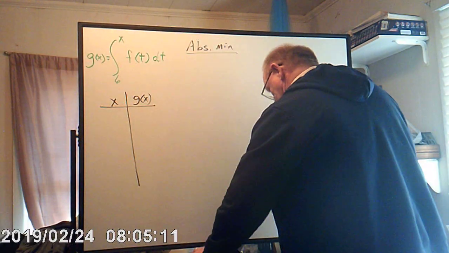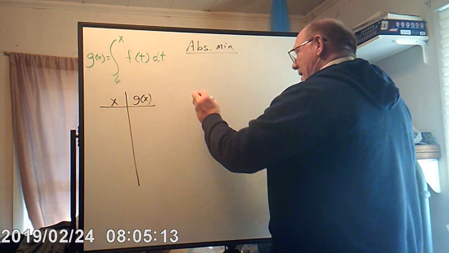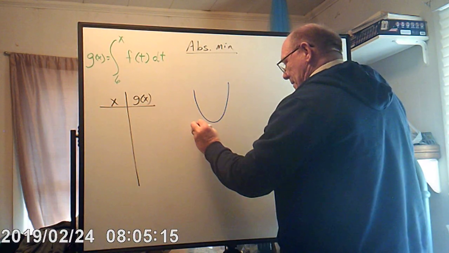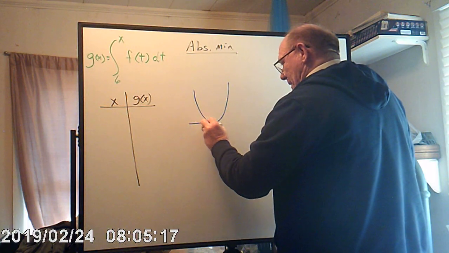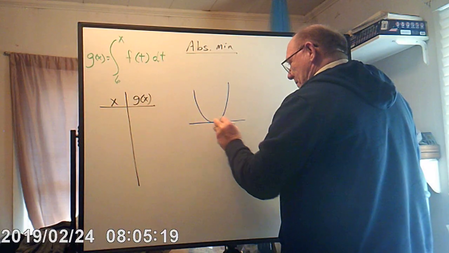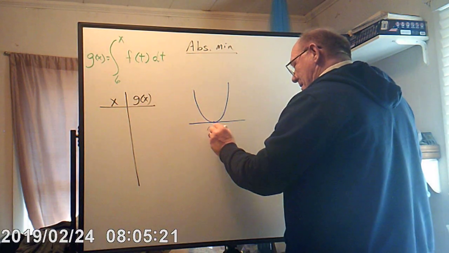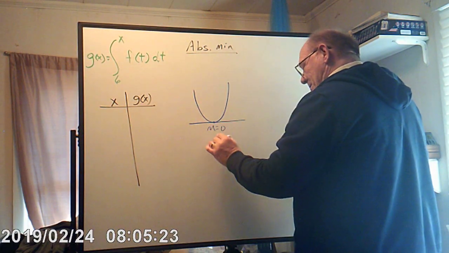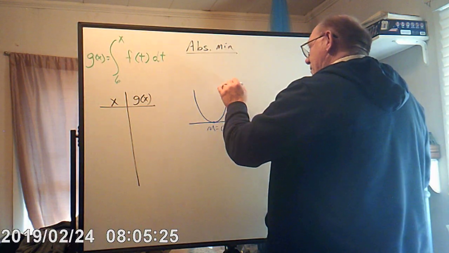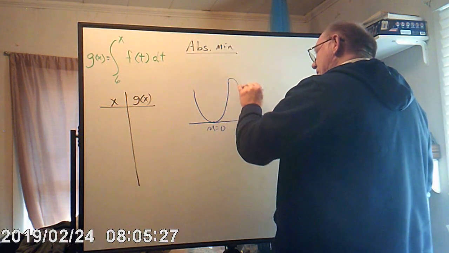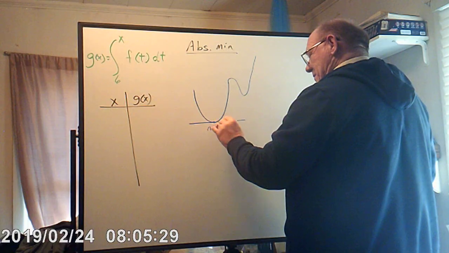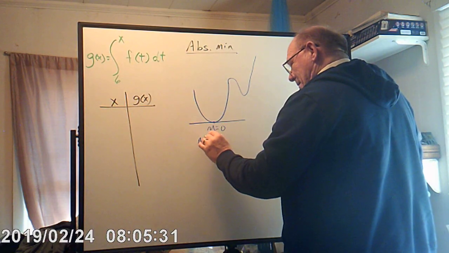Because if you have an absolute minimum, here's your slope right here. The slope of the tangent line will be m equals 0. Let's say we have something that looks like this, and this would be the absolute minimum right here.